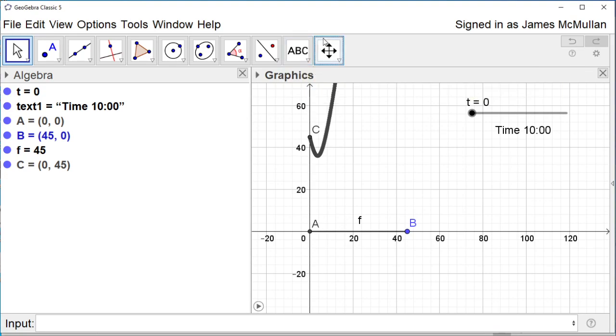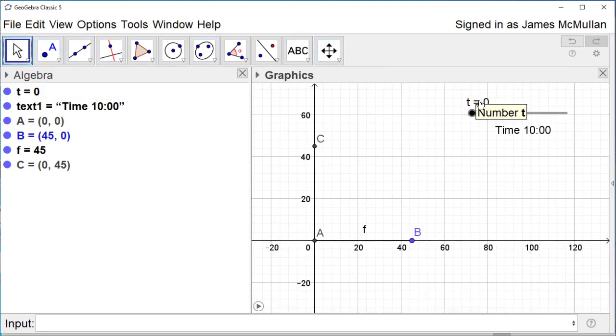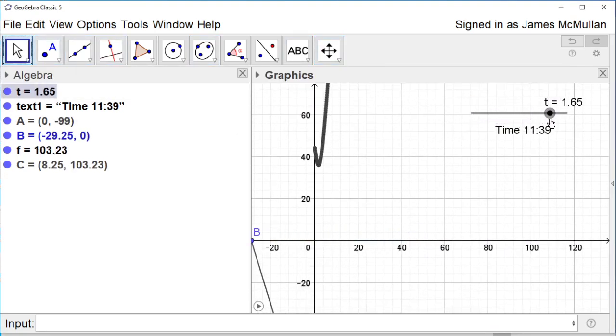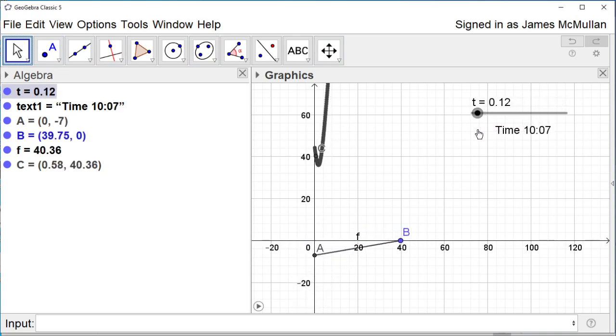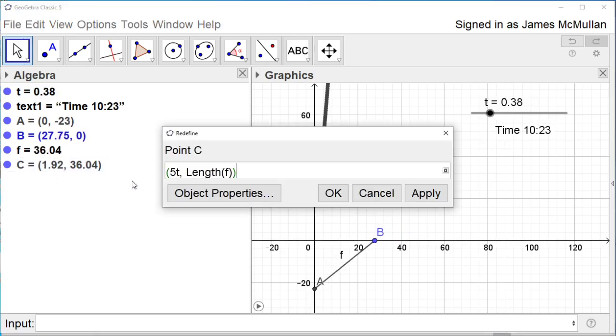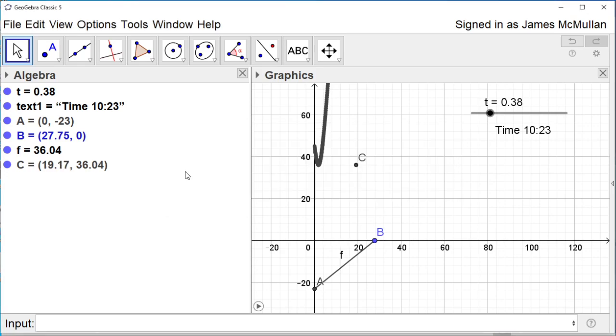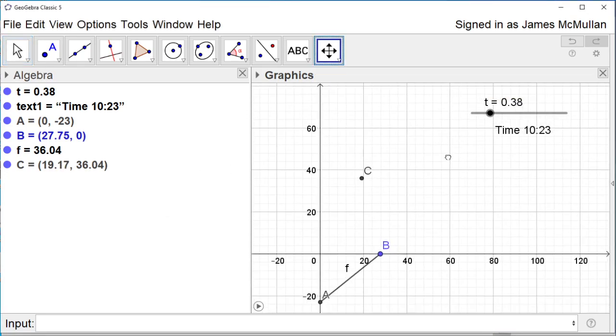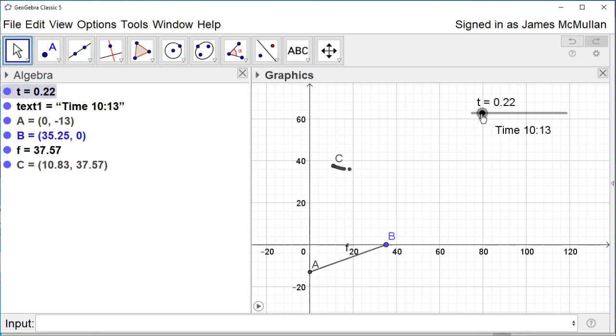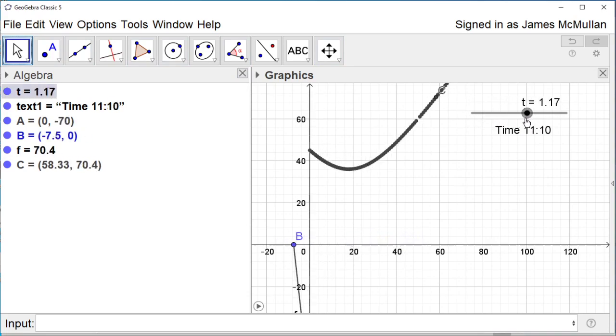Let's just let it stretch out a bit. Something like, in this neighborhood, it reaches its minimum. Let's shade this out to 50. Make this a little easier to see. Sorry, went the wrong way there. Okay, so there we go. So we're looking for something like in this area, the two trains are as close as possible together.